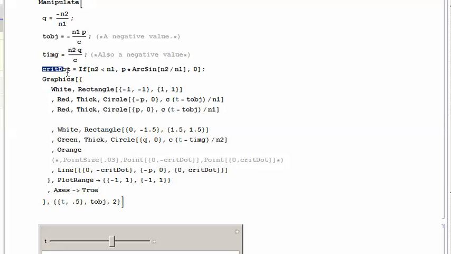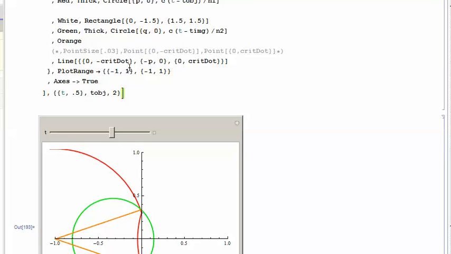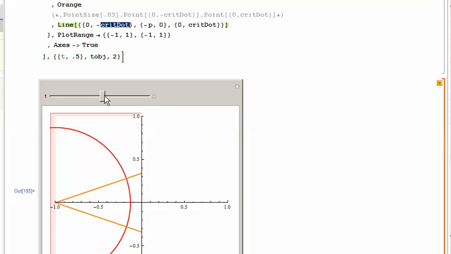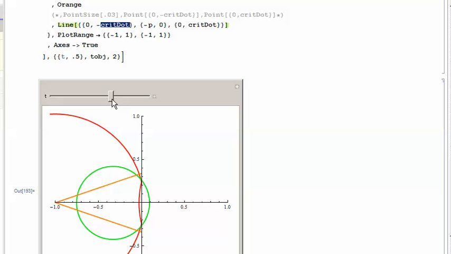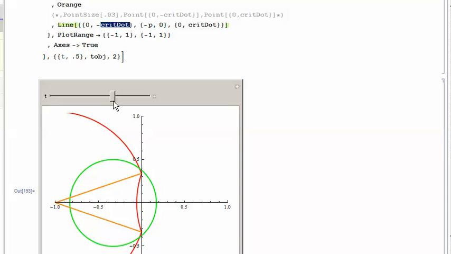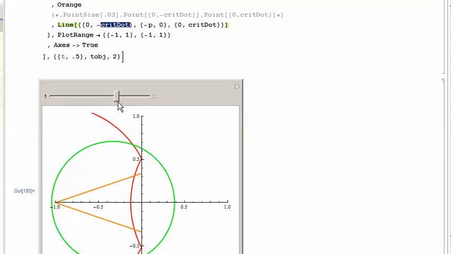So I just decided to add in the critical angle here, and it's drawing a little line from the critical angle back to the object's position and back to the other critical angle. And so you can kind of see that the point where the critical angle is is approximately where the green really passes the red.